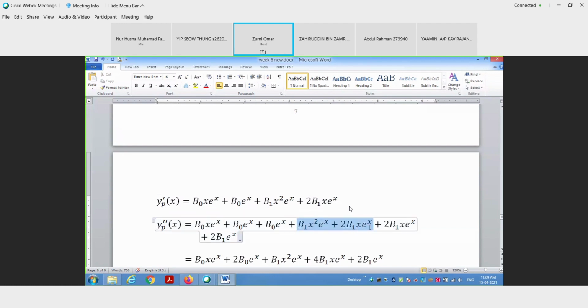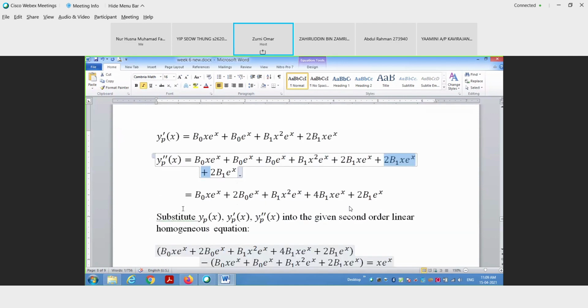You differentiate 2 b1 x e^x, you have 2 b1 x e^x plus 2 b1 e^x. Then you simplify this, you will get b0 x e^x plus 2 b0 e^x plus b1 x squared e^x plus 4 b1 x e^x plus 2 b1 e^x.